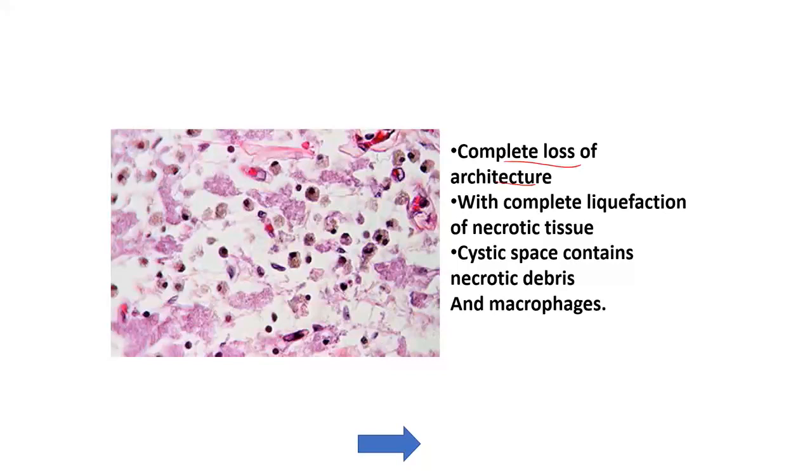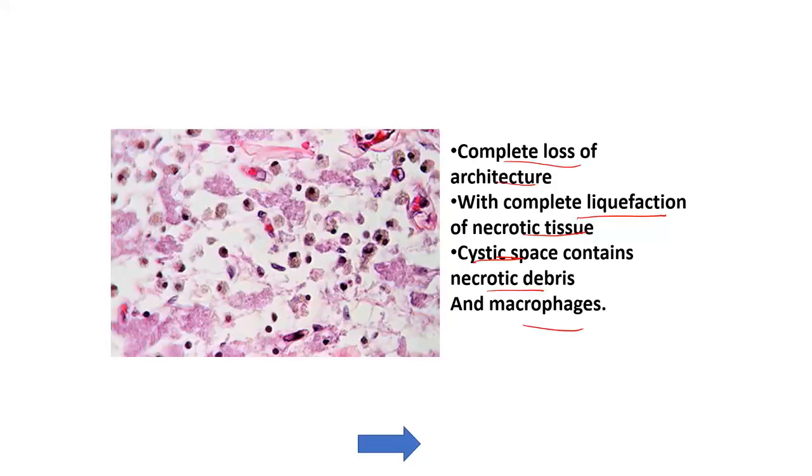If you look at the microscopic level of brain infarction, for example, you don't have any architecture. You have complete loss of architecture due to liquefaction of the necrotic tissue, and formation of a cystic space containing necrotic debris and macrophages. So this is the microscopic picture of liquefactive necrosis occurring inside the brain.